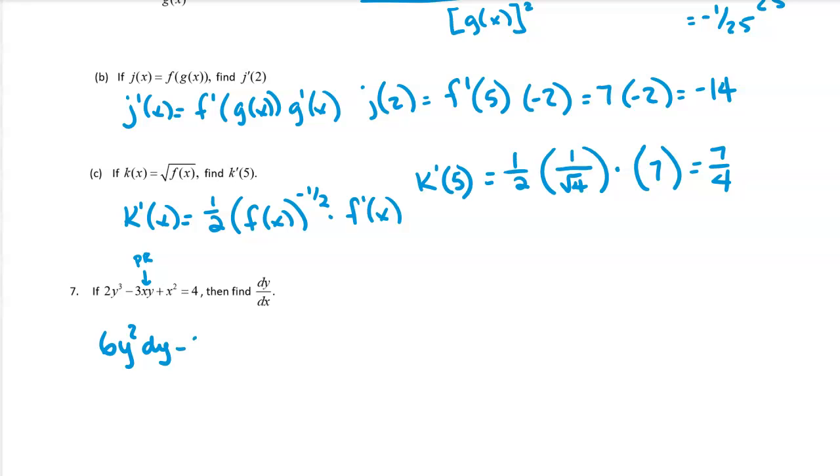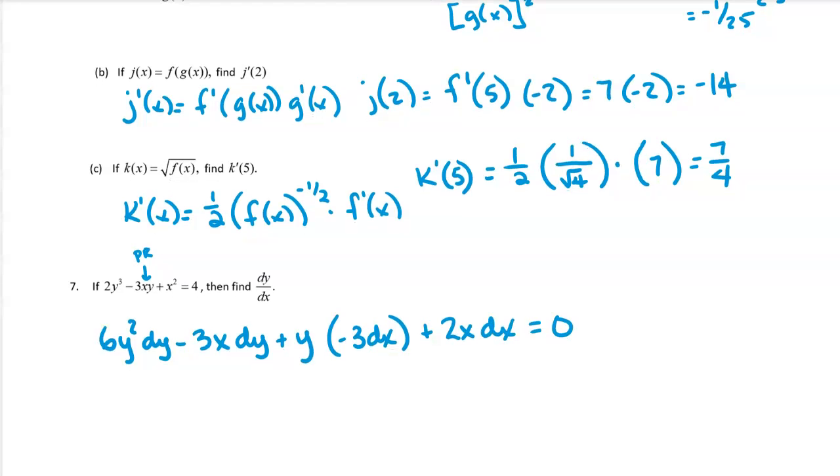So I've got 1 d2 plus 2 d1. So that negative 3x becomes negative 3 dx plus 2x dx, and the derivative of 4 is 0. Dividing through by dx.